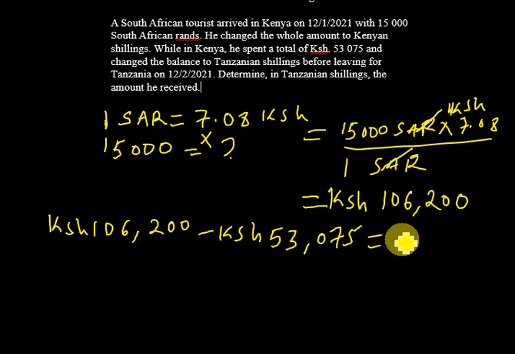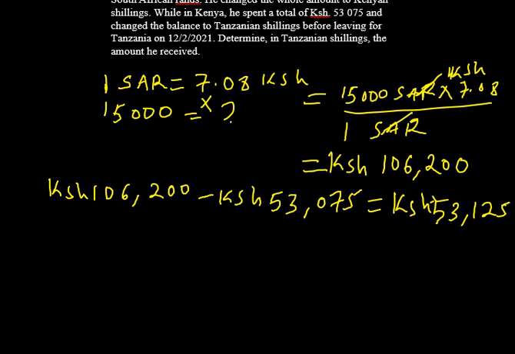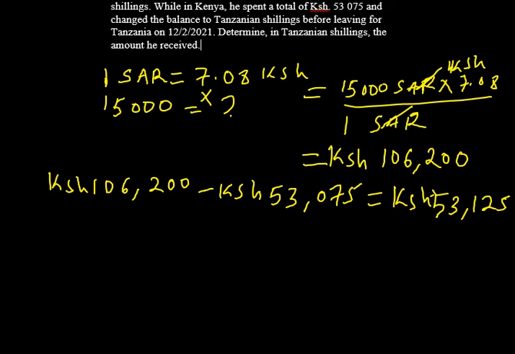So this gives us Kenyan shillings 53,125. So this is the amount that the person is remaining with after spending that. And we are told then to change the remaining or the balance to Tanzanian shillings before leaving for Tanzania. So we are required to determine the remaining amount in Tanzanian shillings.